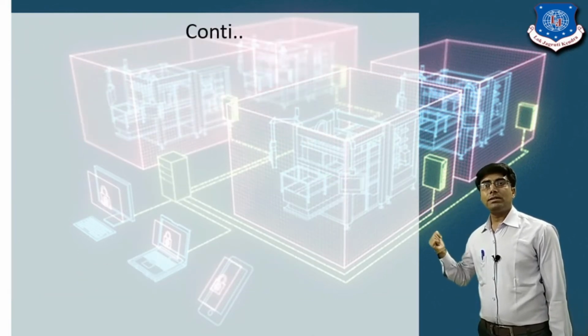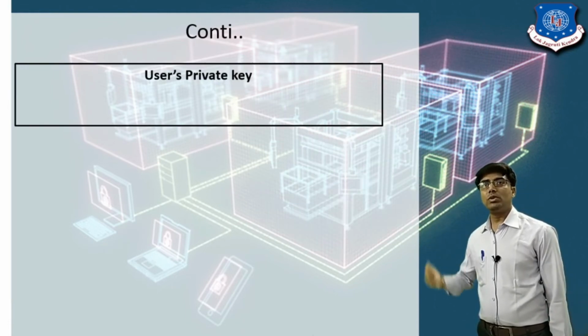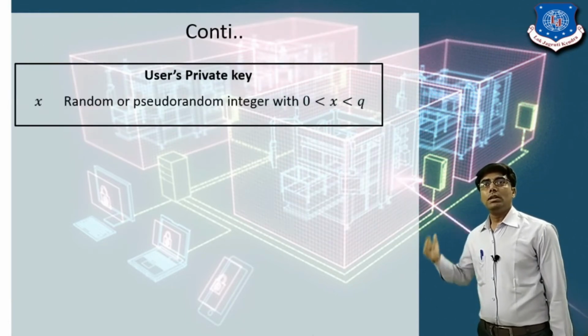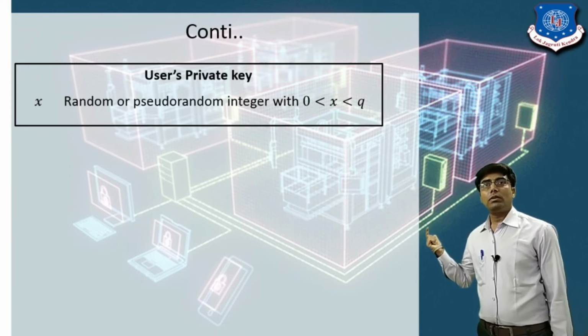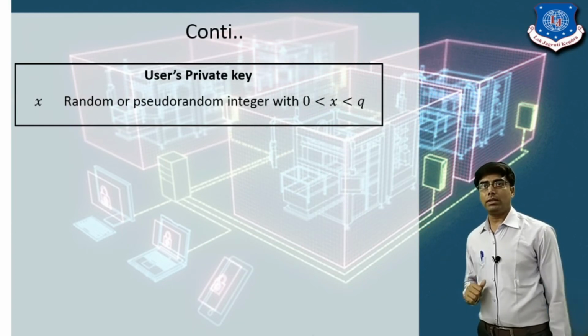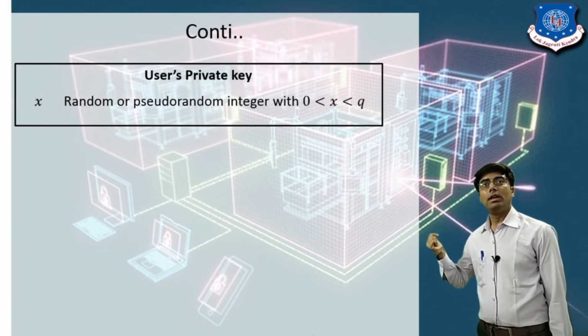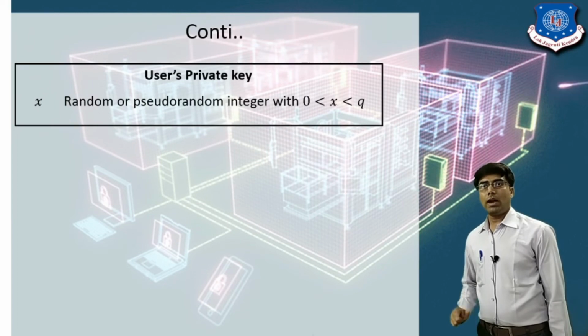This is the first step. Now the second step: we have to create the user's private key. Here we are considering x, a random integer with 0 less than x less than q. It means x should be between 0 and q.